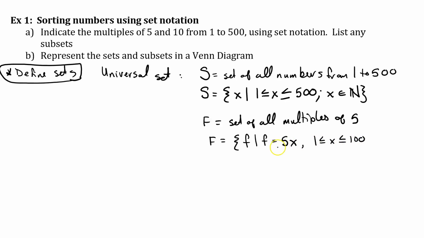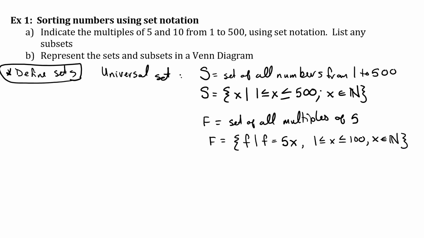Why? Because this is giving you kind of like a formula. If I put in 1, I would get the number 5. If I say x equals 2, f equals 10, which is the next multiple of 5, and so on. You only want to go up to 100 because 100 times 5 is 500. You don't want the upper bound to be 500 because then it would be 5 times 500, which would be greater than 500. And we're also going to say that x is an element of the natural numbers.